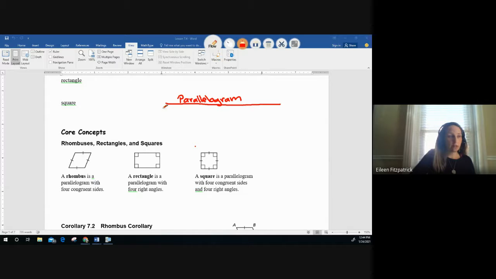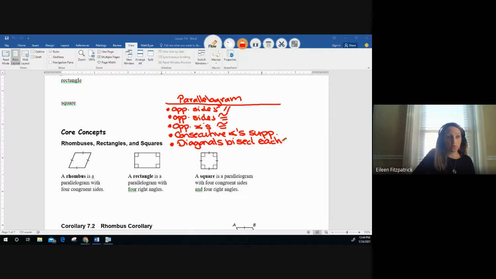So the 5 things are opposite sides parallel, opposite sides congruent, opposite angles congruent, consecutive angles are supplementary, and then diagonals bisect each other.